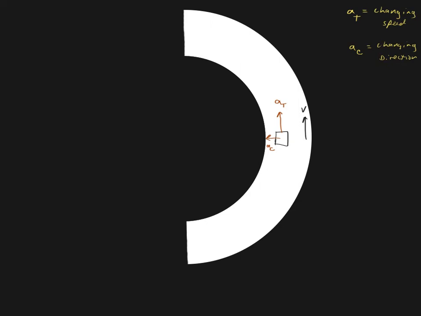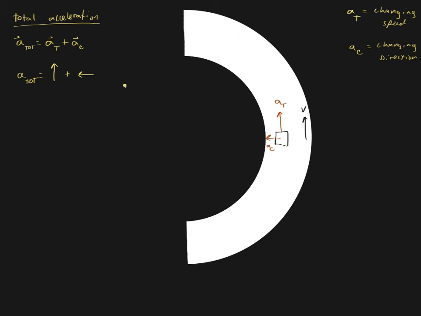So what is the total acceleration? In order to find the total acceleration, we're just saying that a total is equal to a tangential plus a centripetal. When you add this up, you're basically looking at a head-to-tail diagram if we take a graphical approach to it. So we have a total is going to be equal to a tangential plus a centripetal.